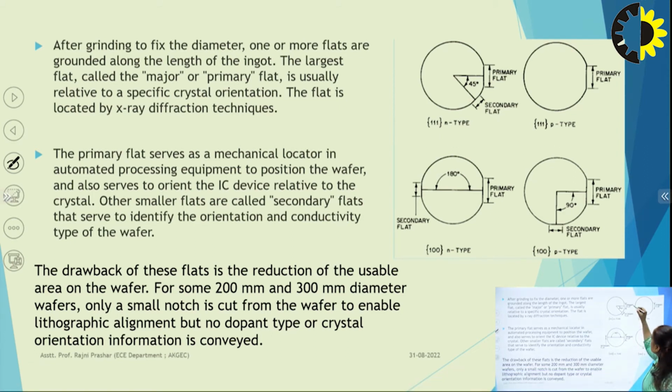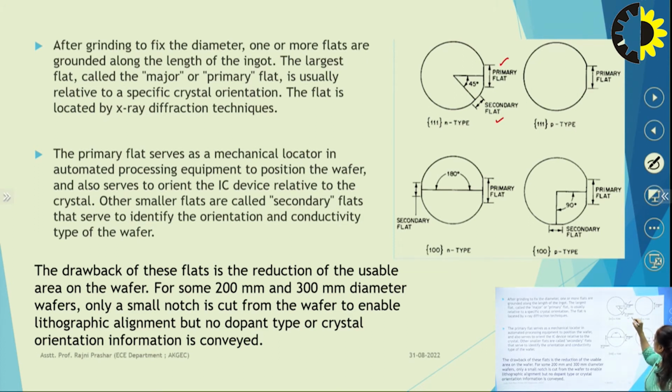The larger flat is known as the primary flat and the smaller one is known as the secondary flat. These flats are indicated so that the designers or the fabrication engineers can identify which type of wafer or which orientation of wafer they are using.